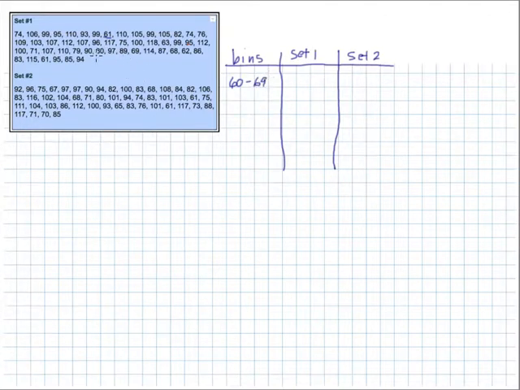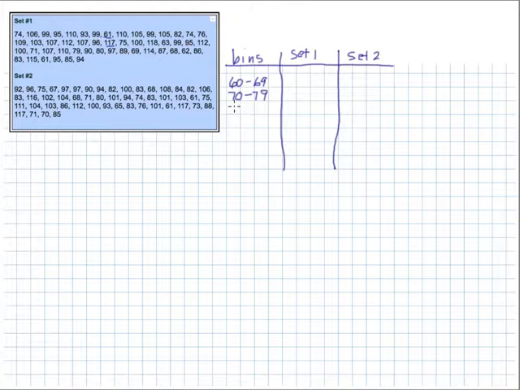For the top range of data, I can see I've got a 117 here. If I look at the bottom set of data, it also looks like I've got some 117s. So I've got data that goes up into the 100s. I'm going to set up my bins. Remember, we want them all to be the same size, so I'm going to set them up in groups of 10s.